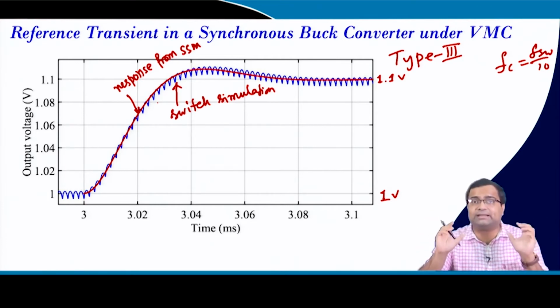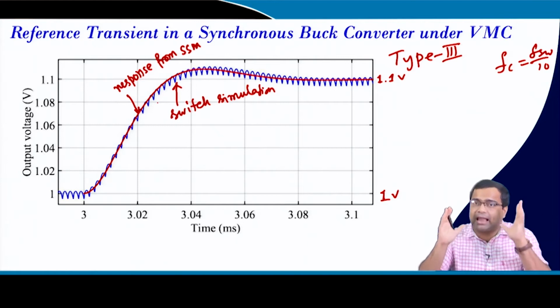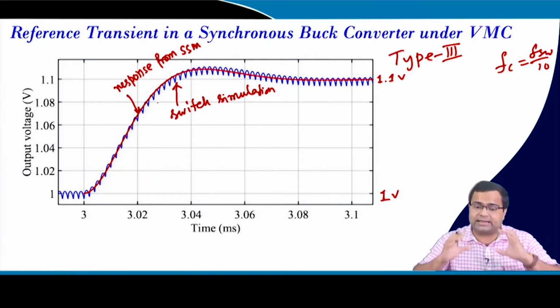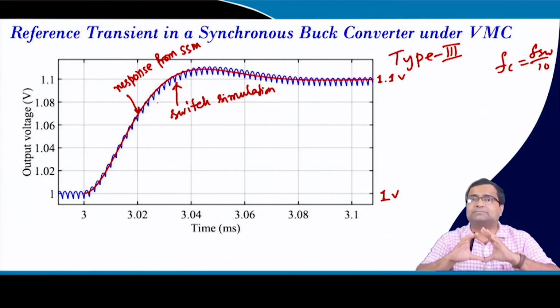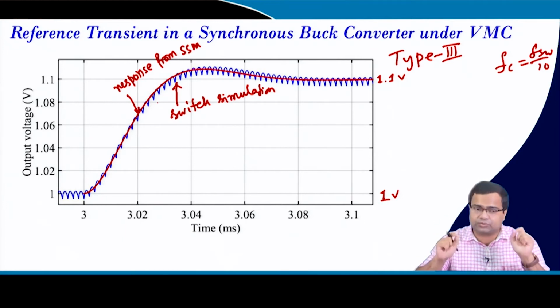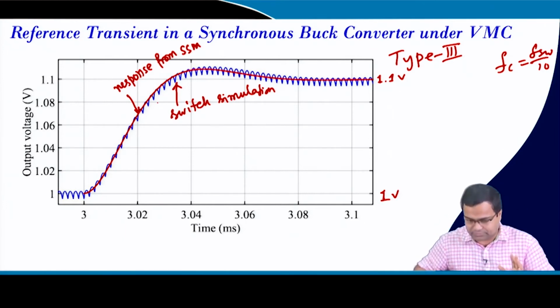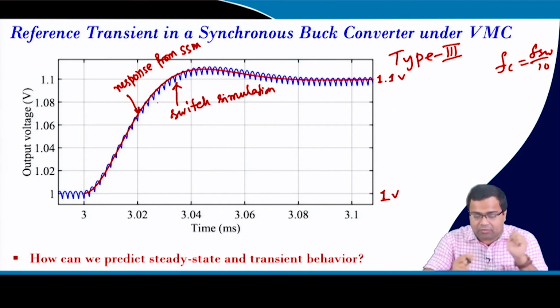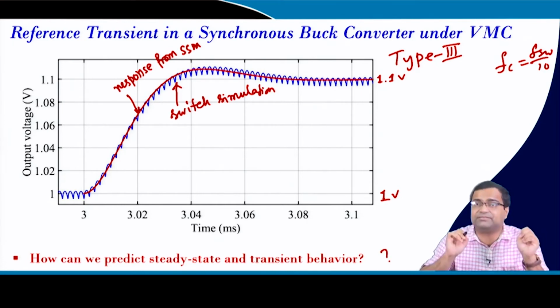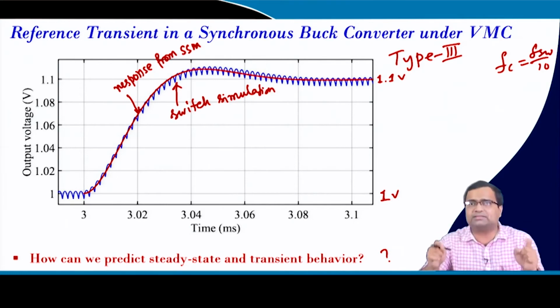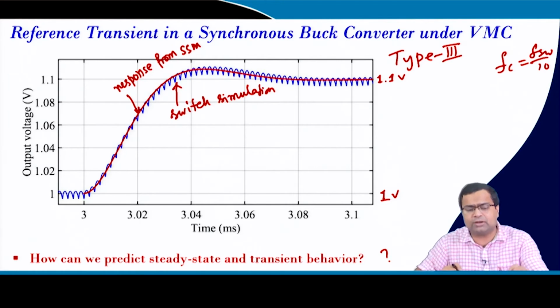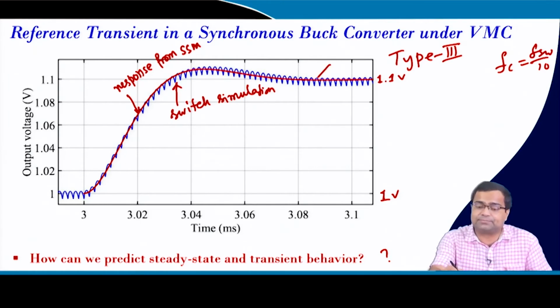If we can develop such a model, we can predict the response without running the actual switching converter, and from that process we can set the controller to achieve some desired performance, so that we can then actually test the converter. The next question is, how can we predict the steady state and transient behavior? Here we have predicted it, but I am opening this question and asking how to develop this model, so that we can get the red trace from our model.